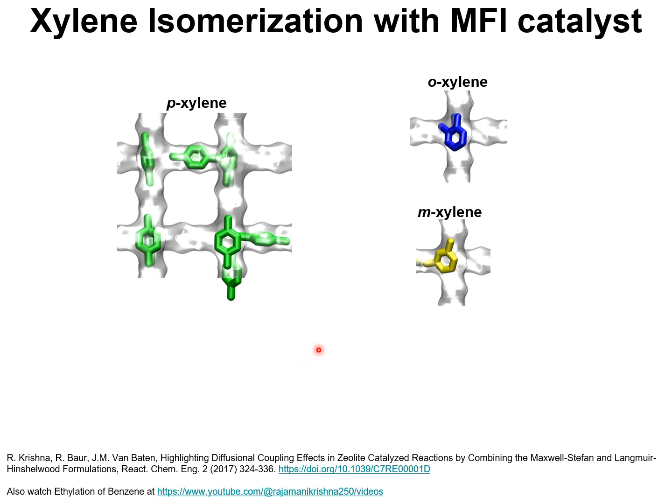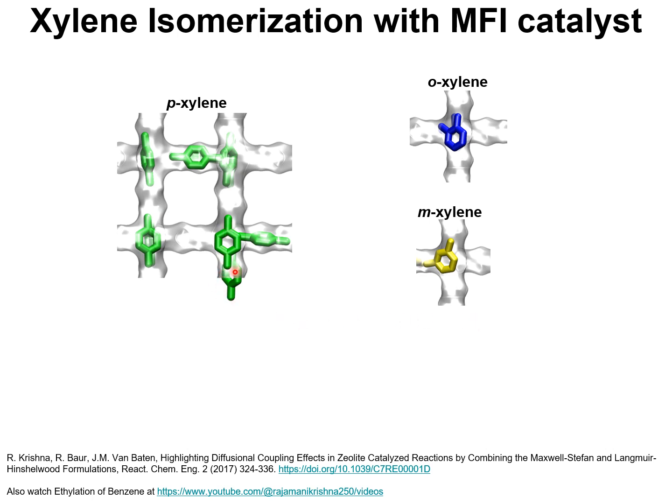MFI zeolite is used as a catalyst for xylene isomerization. Orthoxylene and metaxylene, due to their molecular configurations, prefer to locate at the intersection sites. They are more highly constrained within the channels.